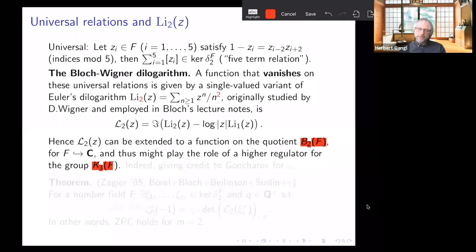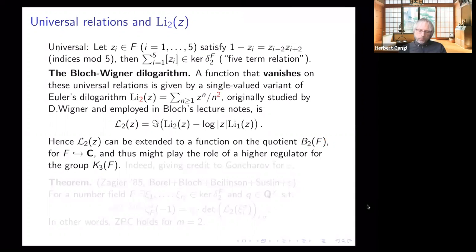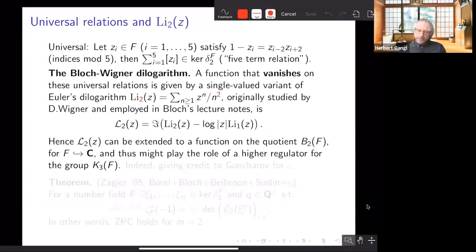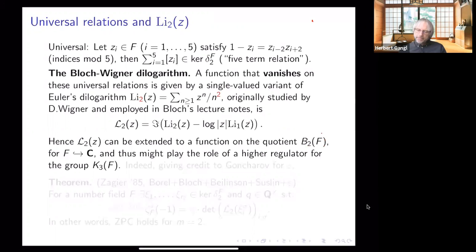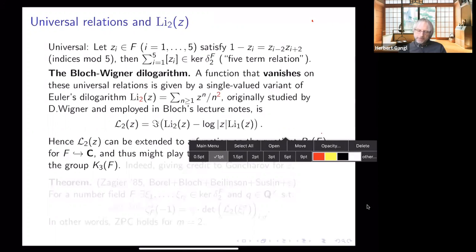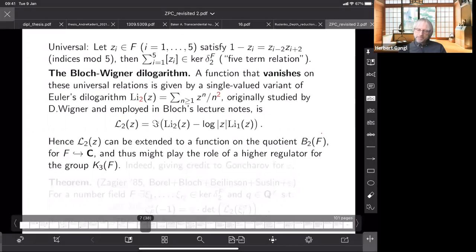And by Suslin's result, we can essentially think of B2 as an avatar of K3 of f, modulo the decomposable part. And indeed, we should also give credit to Goncharov for some part of this.